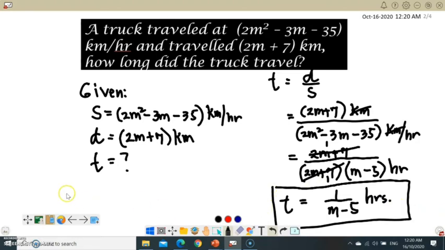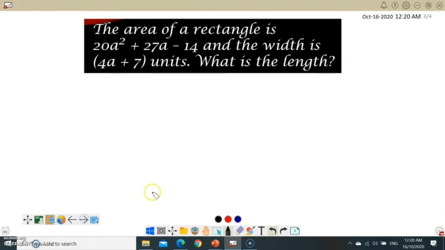Let's have another one. Example number 3. The area of a rectangle is 20a square plus 27a minus 14, and the width is 4a plus 7 units. What is the length?